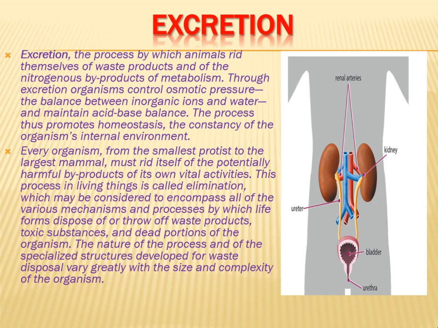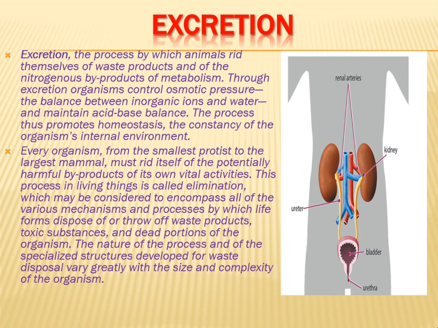Now, there are various kinds of harmful substances which are produced as waste products in our body itself. The more complex the organism becomes, the more kinds of harmful substances are produced, for which these products should be removed from the body. That life process is known as excretion.